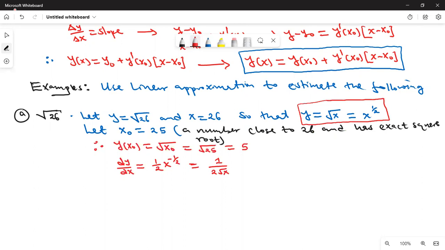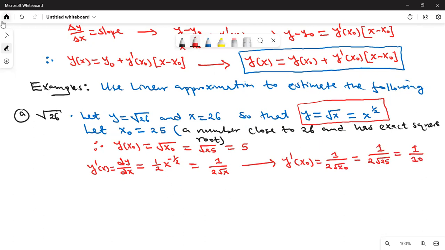Remember, dy dx is the same as y prime of x. So y prime at x naught is simply equal to 1 over 2 root x naught, which is equal to 1 over 2 root 25. Root 25 is 5, so the answer here is 1 over 10.